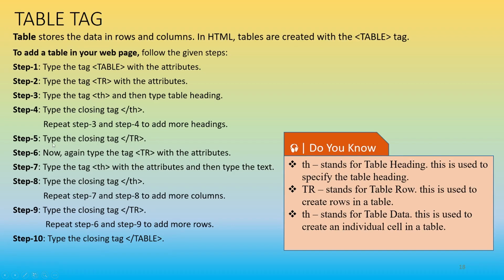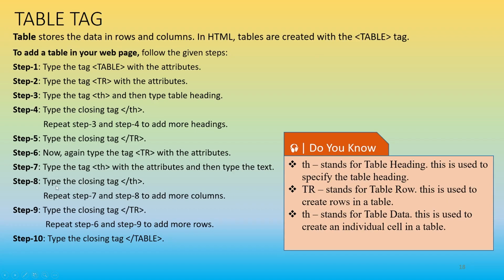So after this, again I have to type the tag tr with the attributes. Now I am writing the attributes from the second row onwards. Type the tag th with the attributes and then type the text.